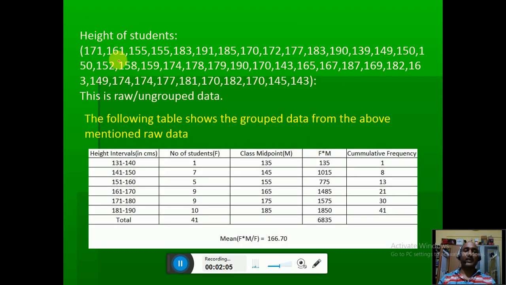For example, suppose you gather information about the height of students. Let us say this is the data we have gathered as the height of students in centimeters. We can see here 171, 161, 155 and so on.